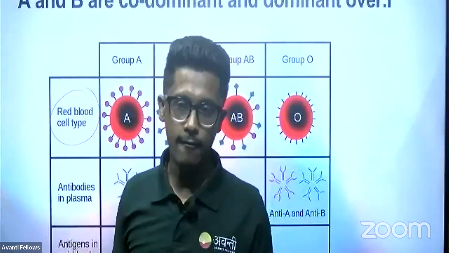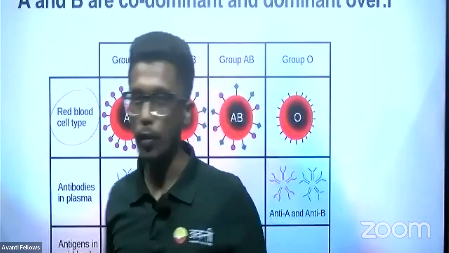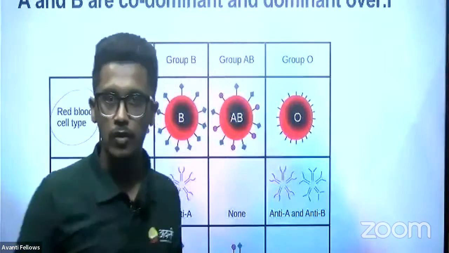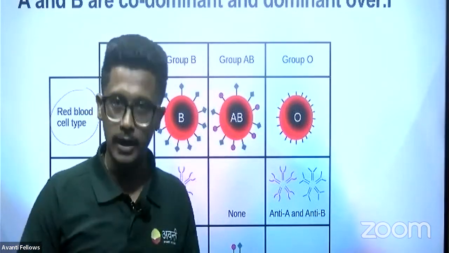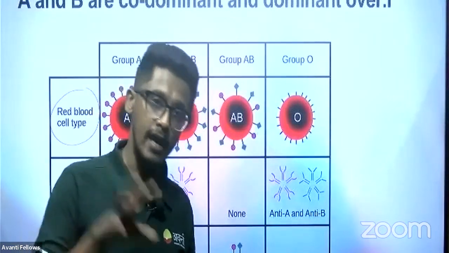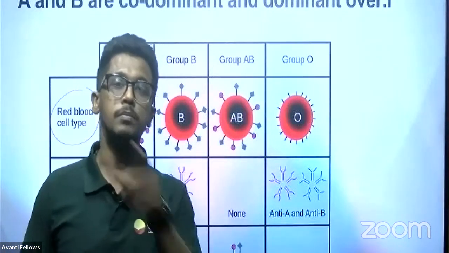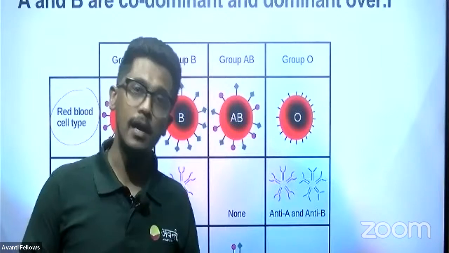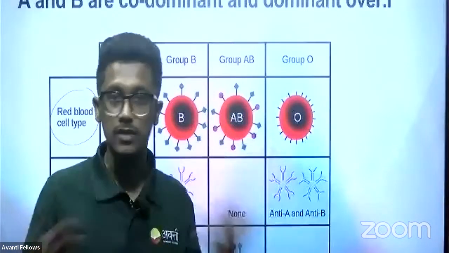If I put A anti-sera to a particular sample and it clumps, which we call an agglutination reaction, meaning the blood clots together into small clots, then it is A blood group. A anti-sera reacts with A blood group, B anti-sera reacts with B blood group. The AB blood group reacts with both A anti-sera and B anti-sera.